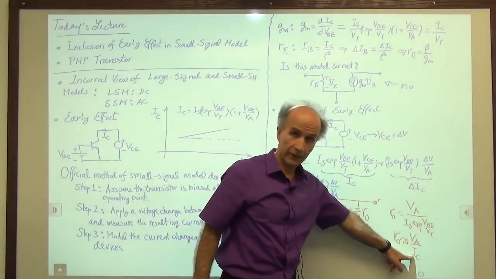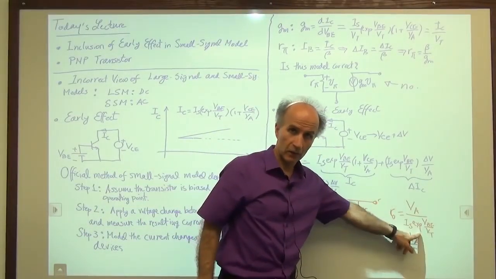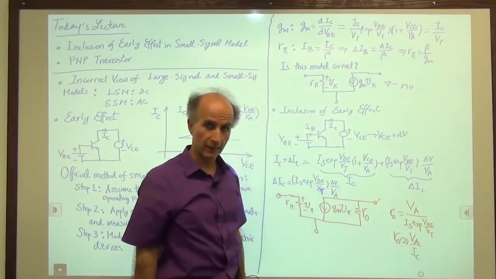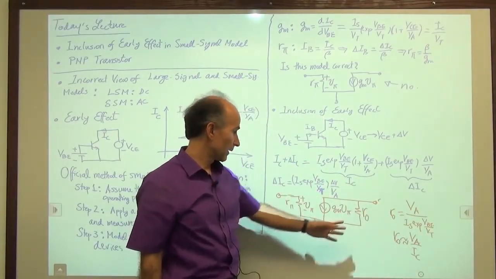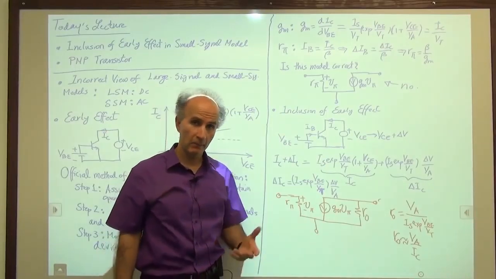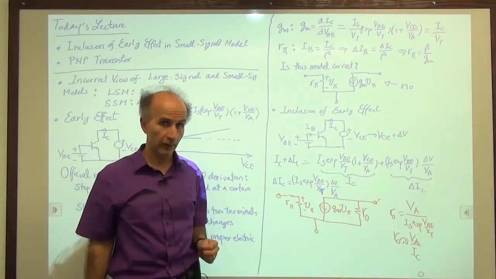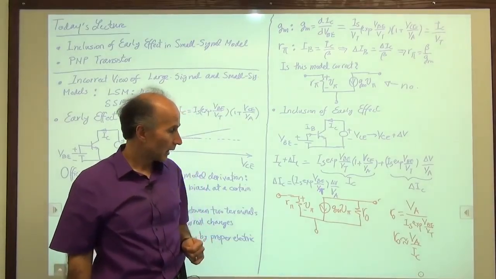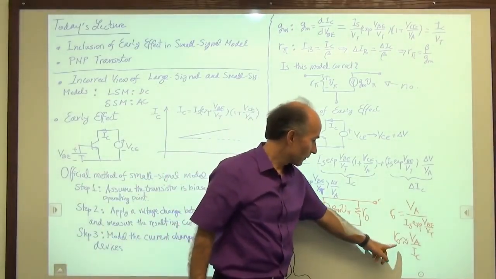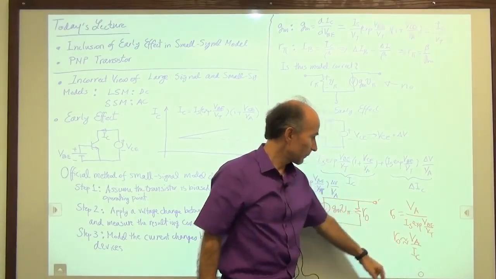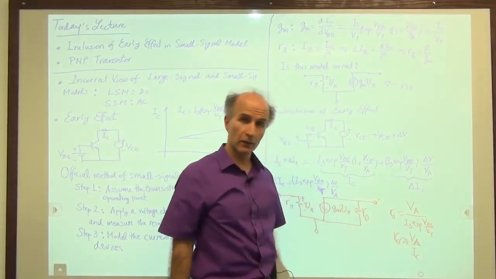After we know how much bias current we have, we plug it in here, and we find the output resistance, ro. This is the complete small signal model of the transistor, at least at low frequencies. IC is the bias current, VA is the early voltage.